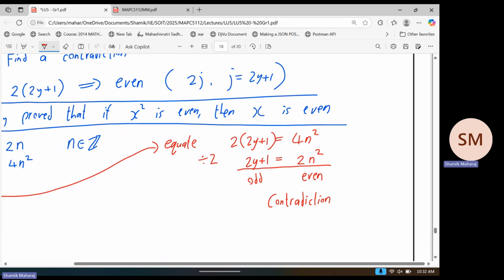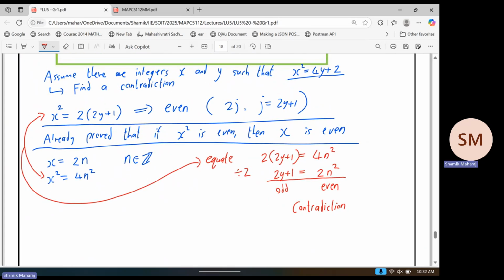The step here. Let me leave that up for a moment. Hey, did I lose anybody anywhere here?